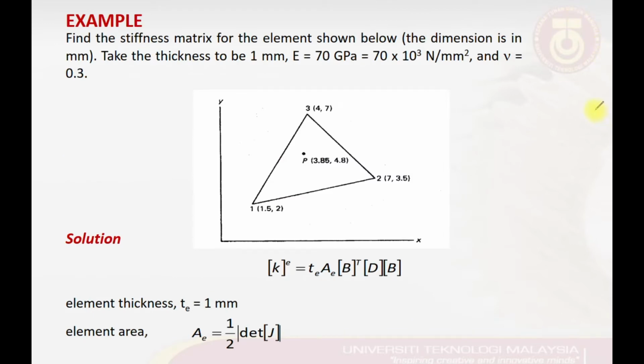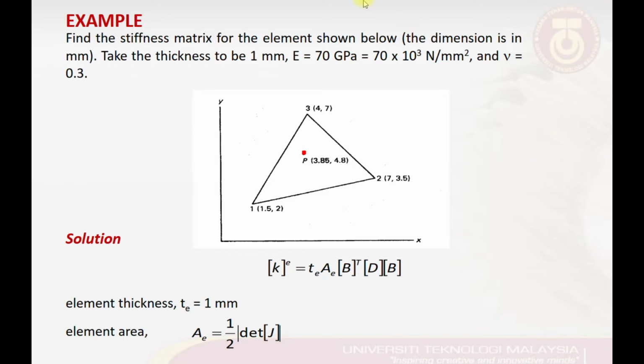In this example, we will demonstrate how we can determine the stiffness matrix for one CST element as shown in this figure, which is the same element we used in the previous example, where we were required to determine the values for the shape functions N1, N2, and N3, and also the natural coordinates zeta and eta.